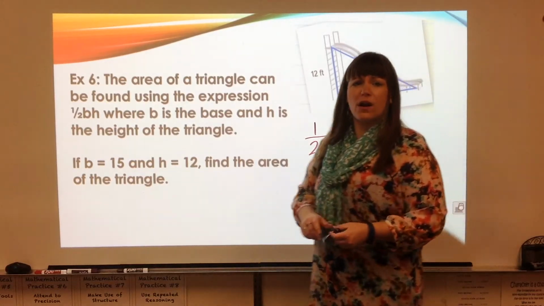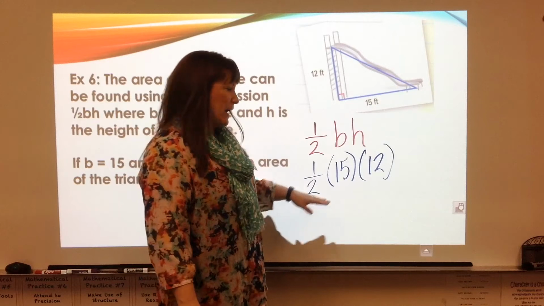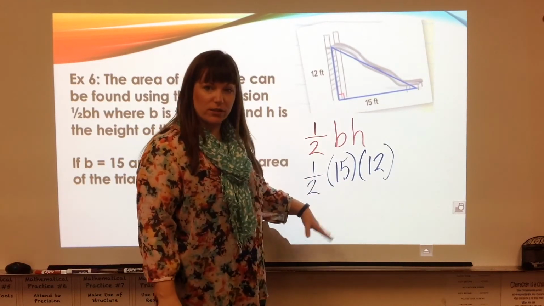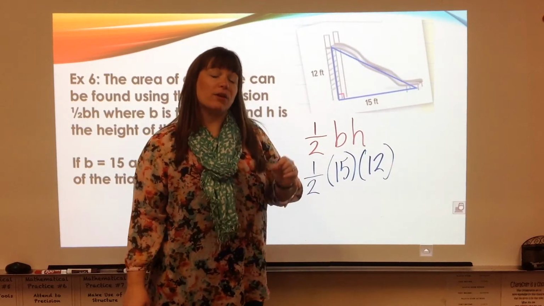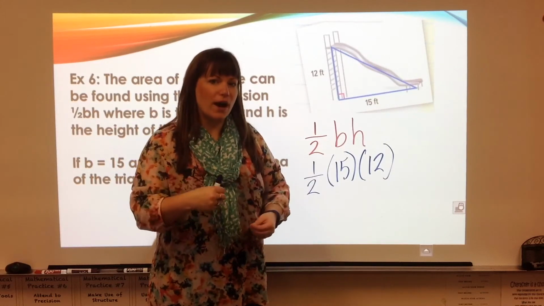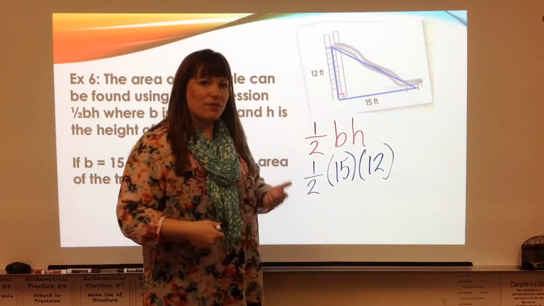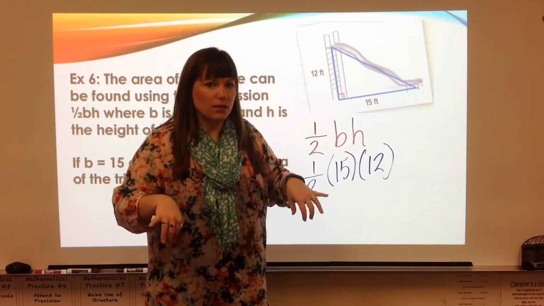Now here's where a property comes into play. I could take a 1/2 and multiply it by 15, and then whatever this answer is, multiply it by 12. But if I know about the commutative property, I can switch some numbers around to make it easier for my brain. I'd rather take 1/2 of an even number, because I can split it evenly.